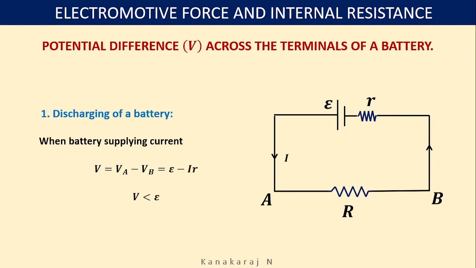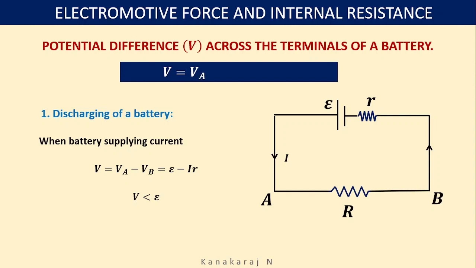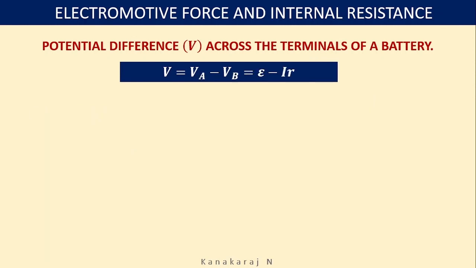Let us consider this equation a general equation, and we very well know that the potential difference across the external resistance R, V, is always less than the EMF of the cell epsilon, because there is a potential difference across the internal resistance small r, that is Ir. V equals VA minus VB equals epsilon minus Ir.